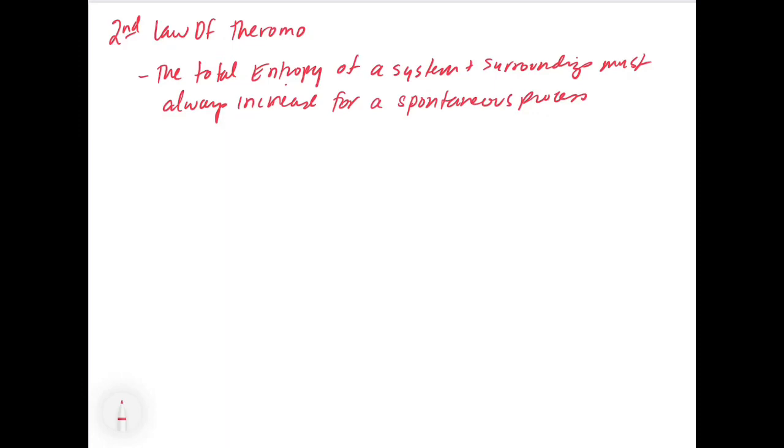So what this is basically saying is that the entropy will always go up if you look at the entire global system and surroundings for a spontaneous process.